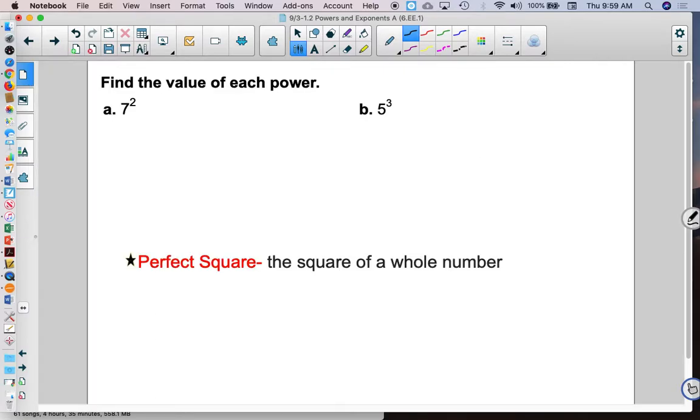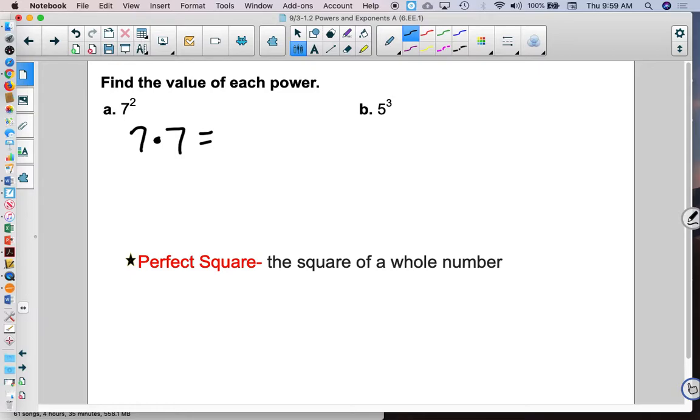We already talked about this a little bit. Now we're going to find the value of the power. So the value of A is the product of 7 times 7. That's what I would call expanded form. I expand out that power. And 7 times 7 equals what? 7 times 7 equals what, Connor?